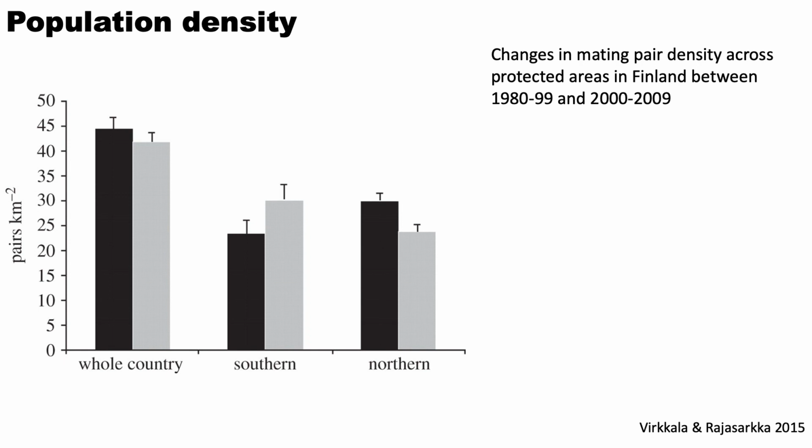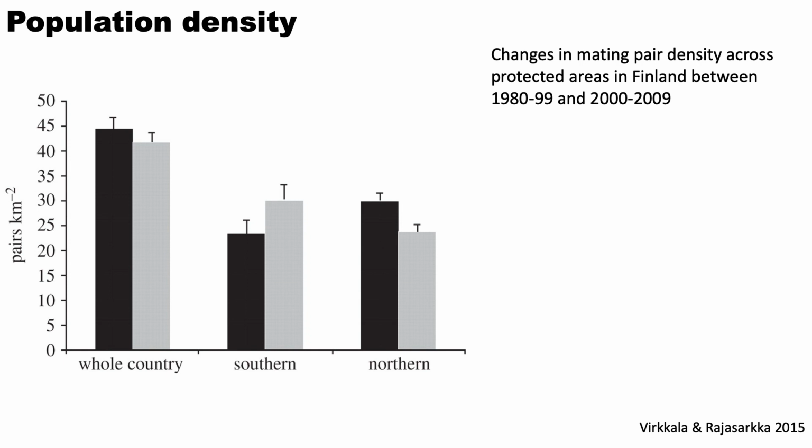Okay, so I'm just going to go through some examples from different countries where people have looked at these parameters and tried to understand some ecological processes. For example, there was a study which looked at the density of mating pairs in protected areas in Finland in two time slices, 1980 to 1999 and 2000 to 2009.